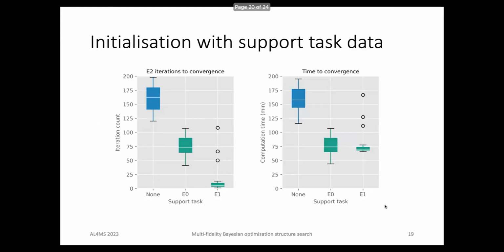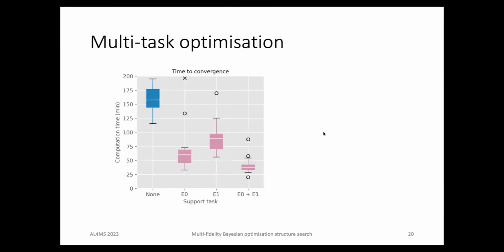There was one exception, when we were running multitask optimization and using E0 as a support task data. When we repeated that optimization 20 times, there was one run that was not able to find the minimum energy conformer, at least within these 200 minutes that we had allocated for each optimization run.